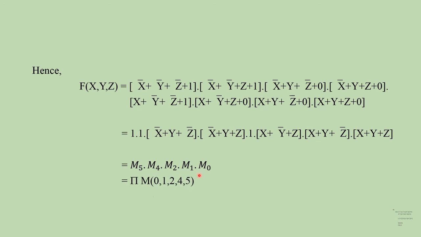So what is the decimal notation of this function in POS form? That is pi M 0, 1, 2, 4, 5. So this is the canonical POS form of the given function. So in this way we can easily understand how by using Shannon's expansion technique we can easily get the canonical POS form.